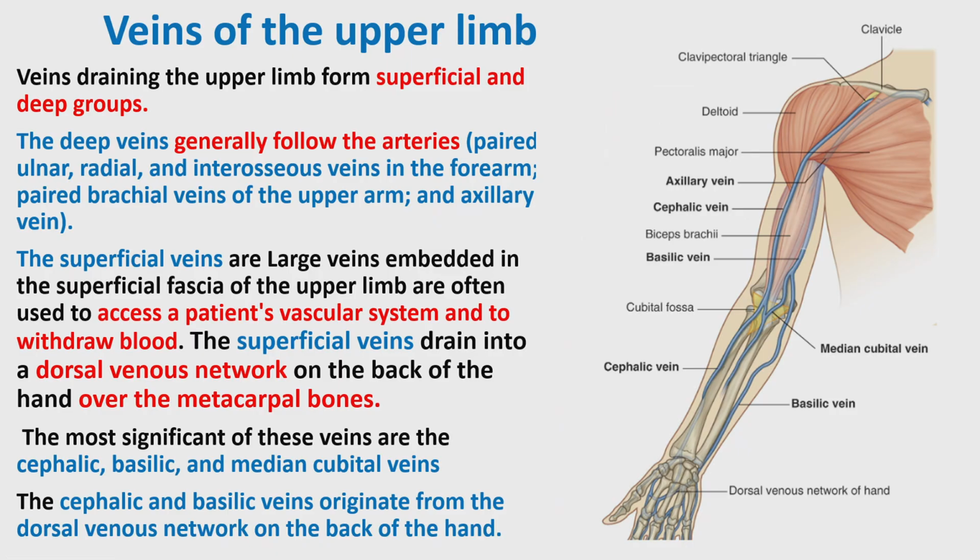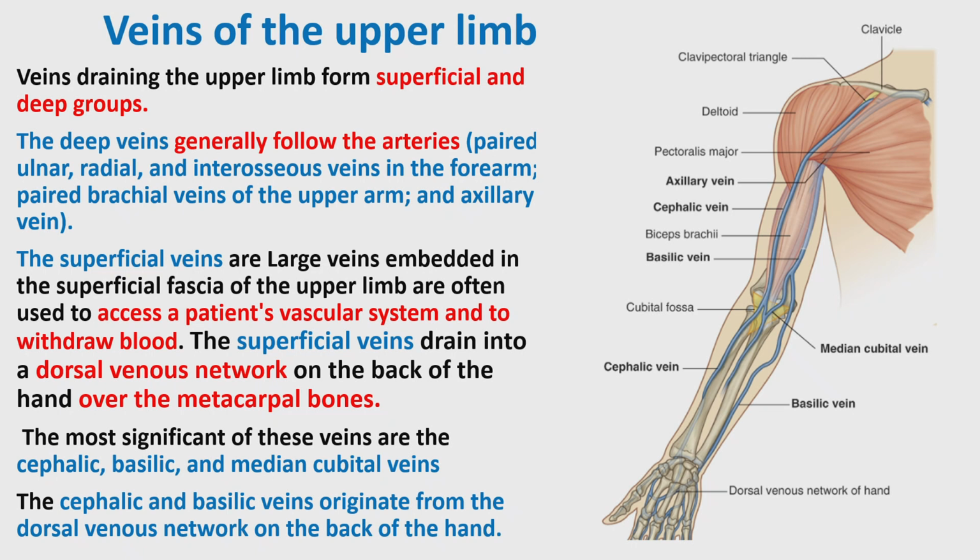Veins of the upper limb follow the same pattern as the lower limb. So the veins of the upper limb also, we divide into the superficial and deep group. Again, the deep veins are following the course of the artery, and usually they are double.